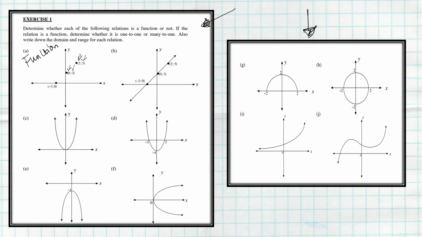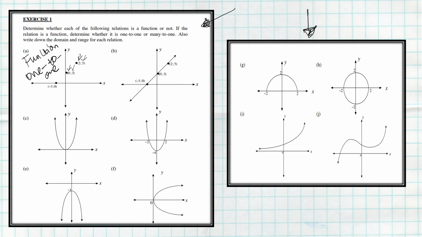But if it's a function, determine also which type of function, whether it's a one-to-one function or many-to-one function. We can see that a single value of x corresponds to a single value of y. There's nothing where more values of x correspond to one value of y, right? So we can see this is a one-to-one function.